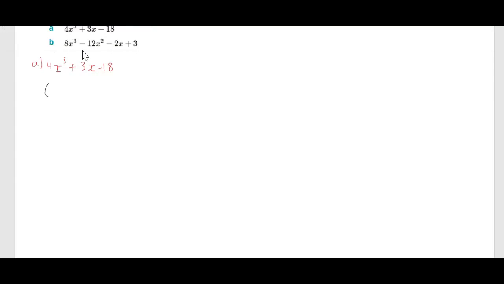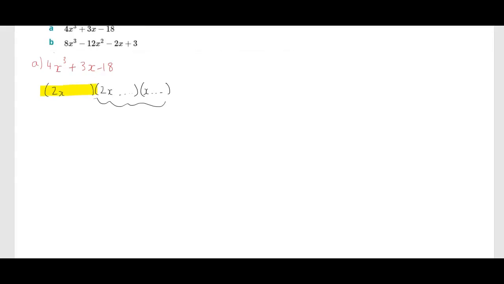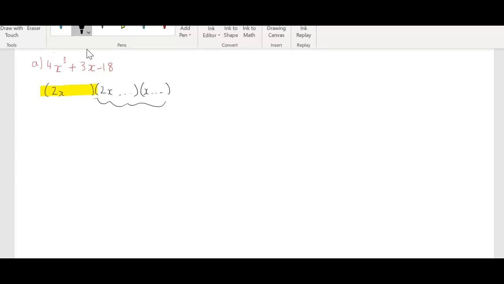What we do have here, we've got no x squared term, so I'm going to have 2x as one factor, and then we're going to have other factors, so it could be 2x squared and x. It's hard to tell what we would end up with here. But we're just wanting to focus on this first factor.